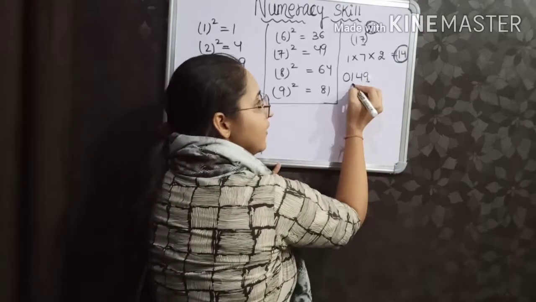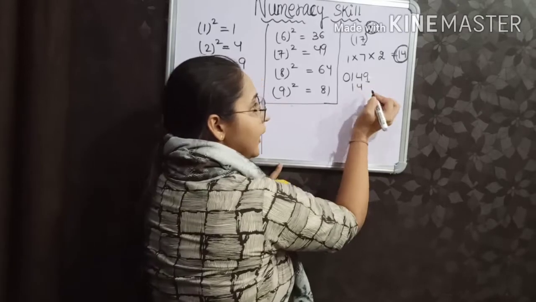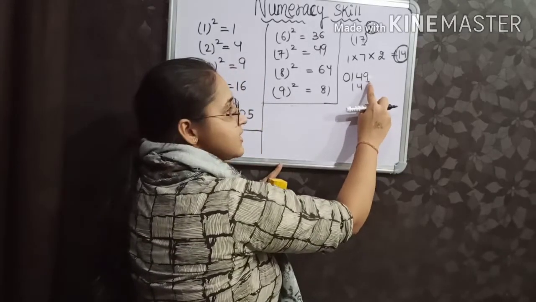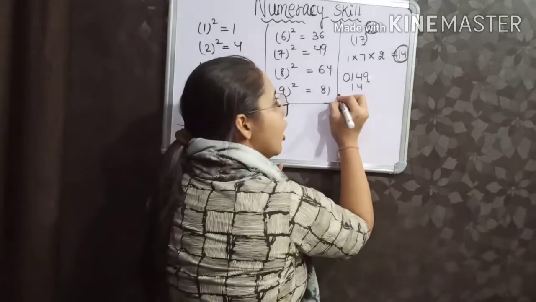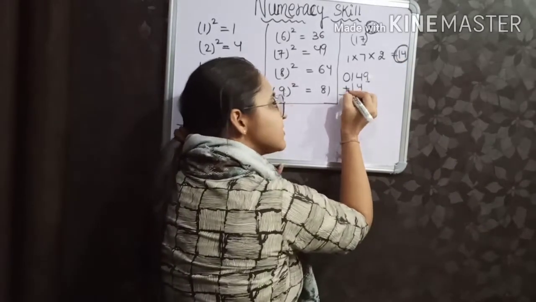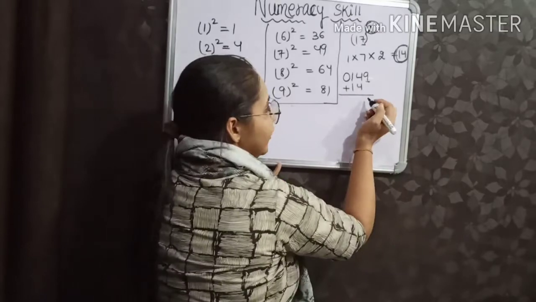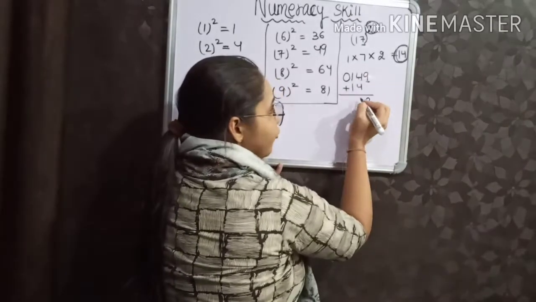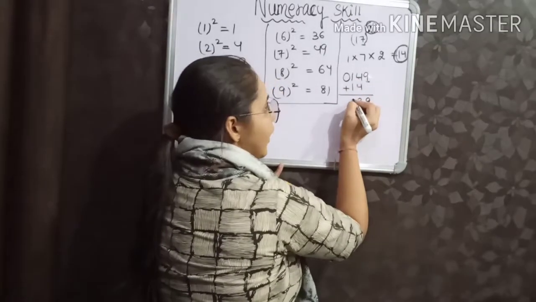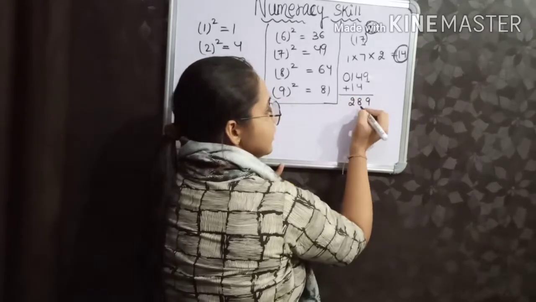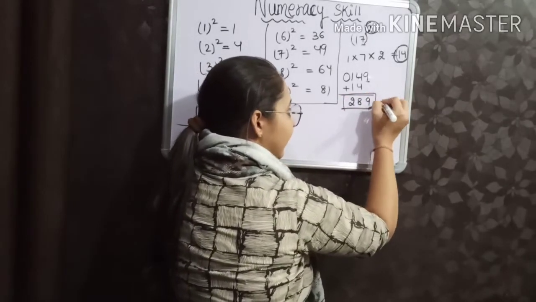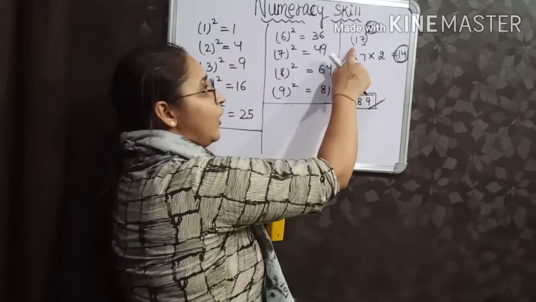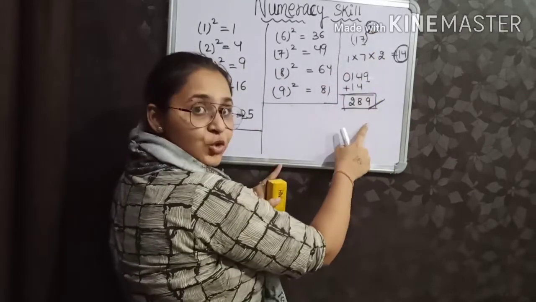I'm just leaving the one digit and then I am writing this part, that is 14. Now I will just simply add them. It will give you 9, 4, 4, 8, 1, 1, 2 and 0 is nothing. So 289. Square of 17 is 289.